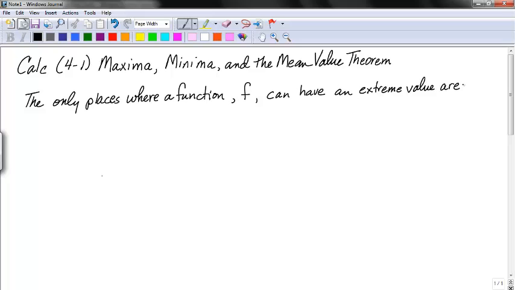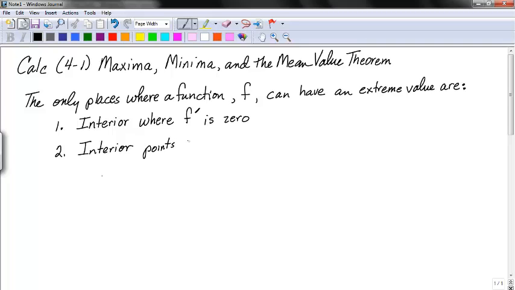Okay, number one, that's in the interior part of the graph where f prime, or the first derivative, is 0. Another place where it can have extreme values are interior points where f prime, or the derivative, does not exist.